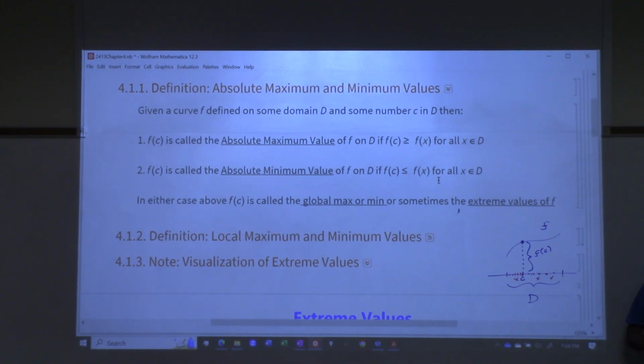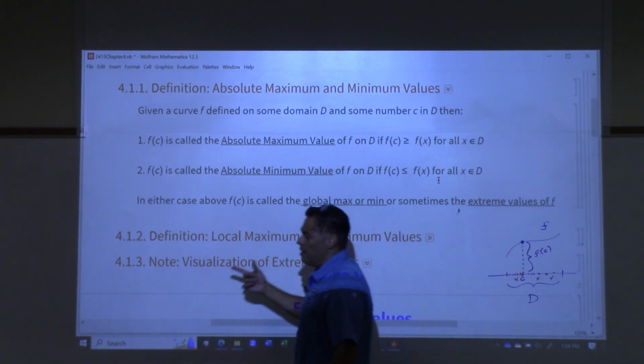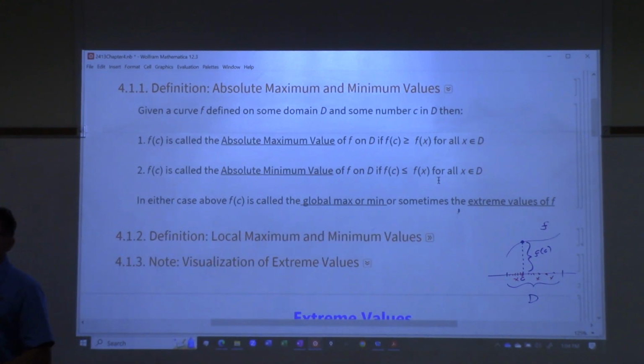Now, from my picture, this is not an absolute maximum, is it? But can you imagine what it would look like? Probably the top of a hill, right? That would be where you would have an absolute maximum, because all the points around it would be below it. An absolute minimum is the reverse, where that point's not the highest point, not the biggest point, but the smallest point. So let's just look at a picture.